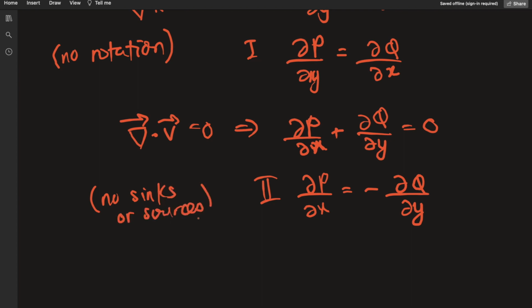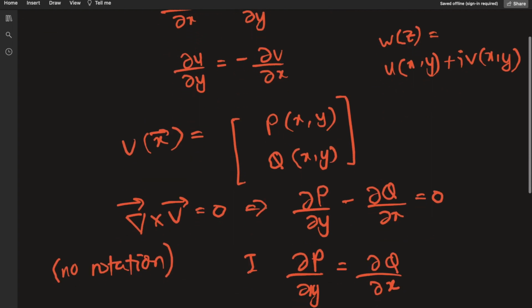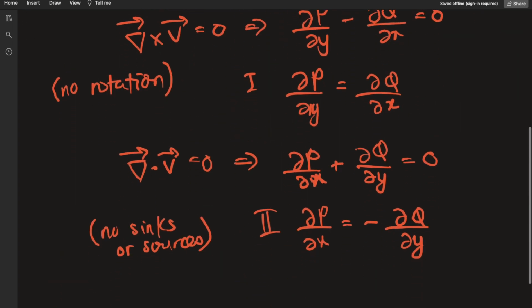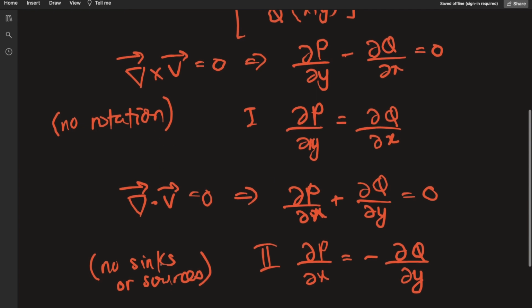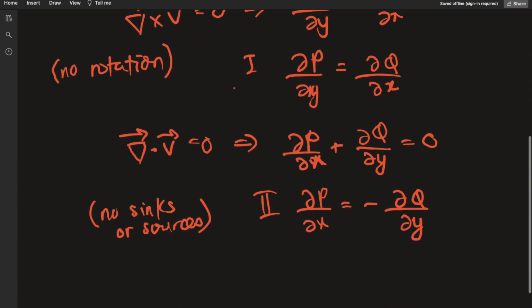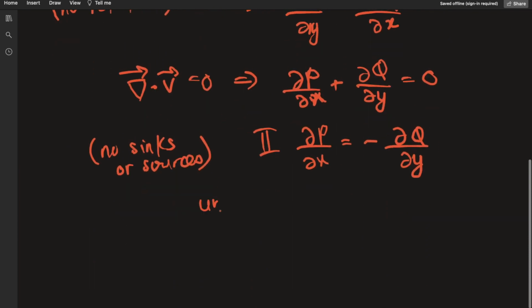I mean, there's no random stuff coming in or going out of anywhere, and it sort of makes sense. You can draw parallels between these two conditions of no rotation, no sinks, no sources, with Cauchy Riemann equations, because they guarantee a uniform layout of the land where there's no unexpected stuff.